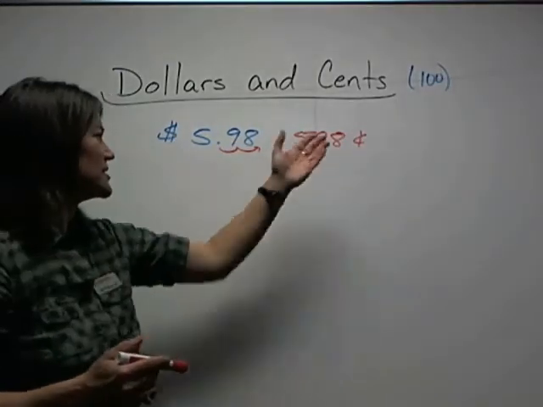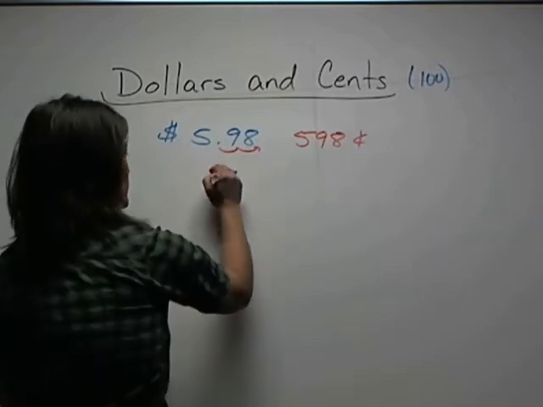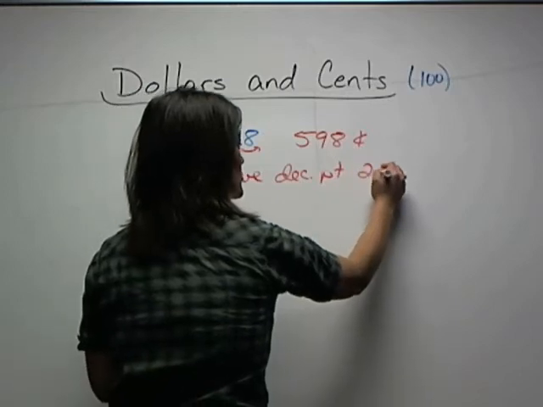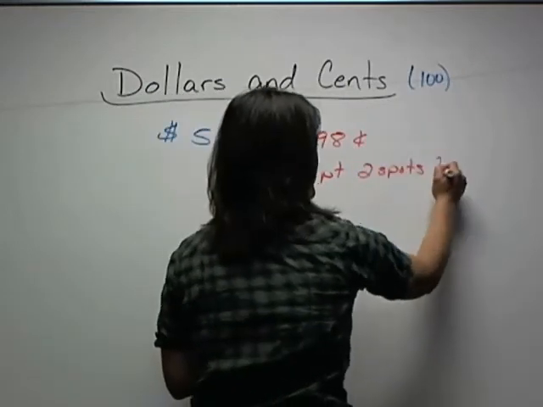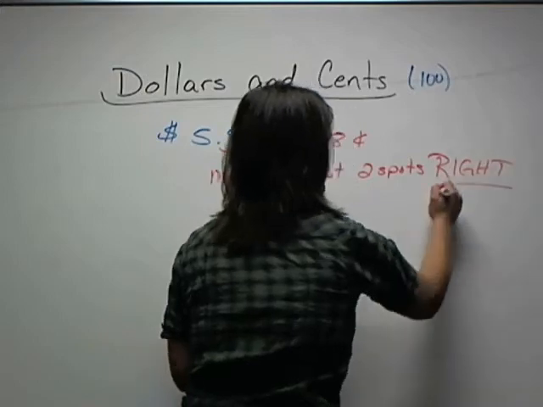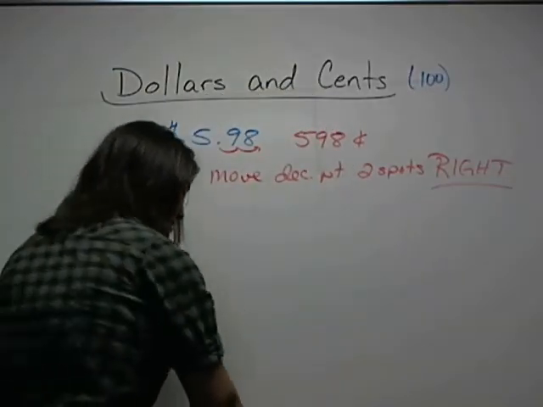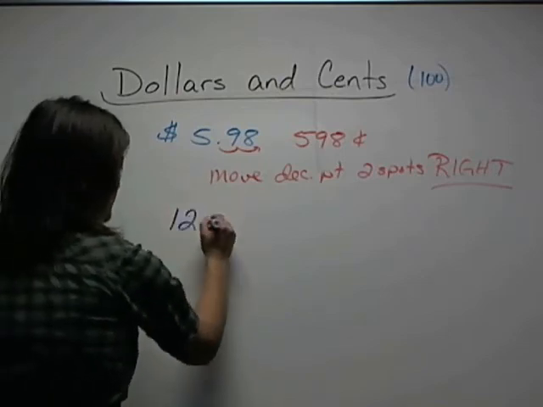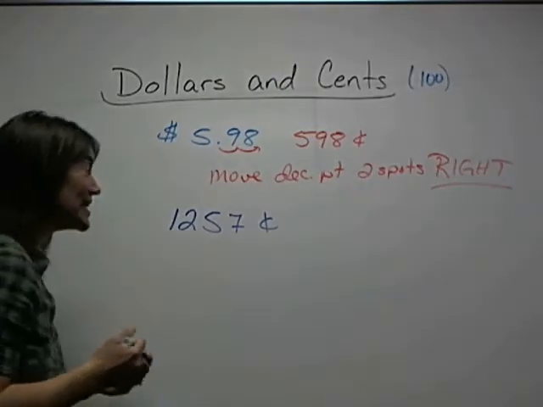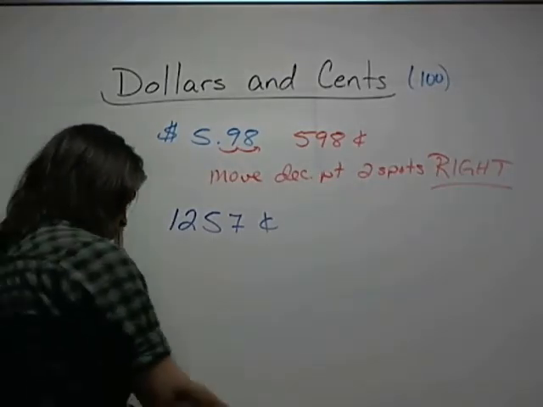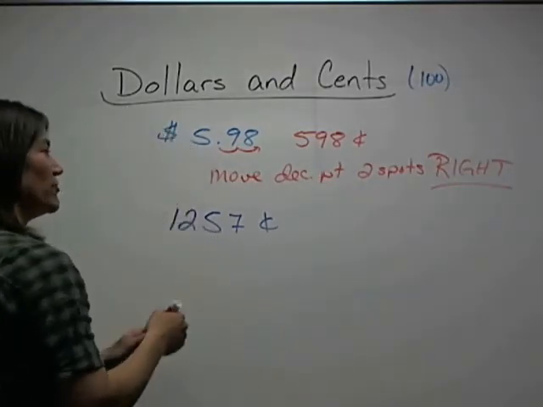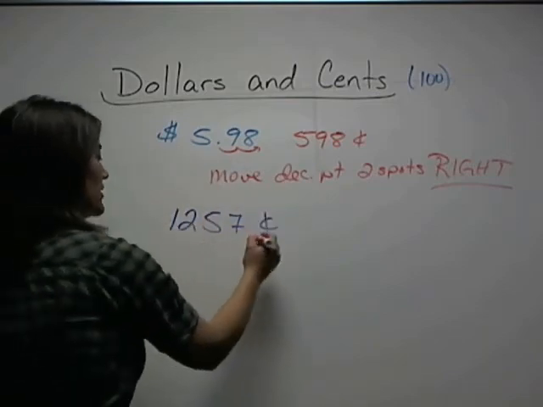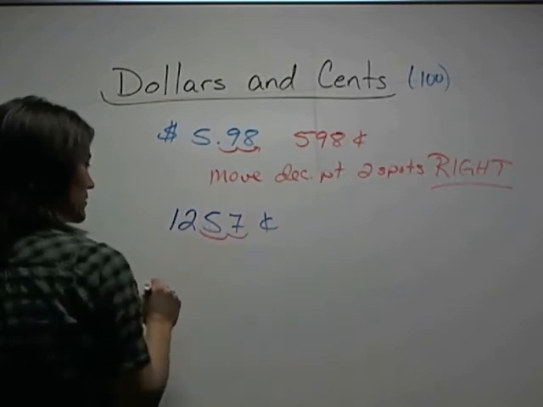So to go from dollars to cents, you move your decimal point 2 spots to the right. Which means then, of course, if I had 1,257 cents, to convert that into dollars, I move my decimal point 2 spots to the left.